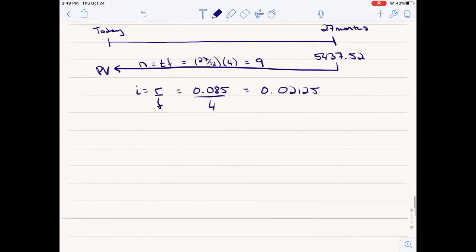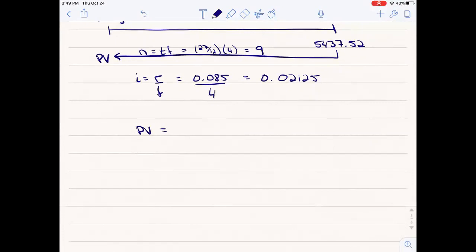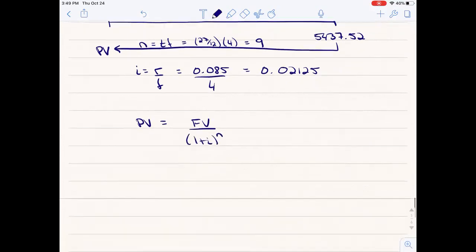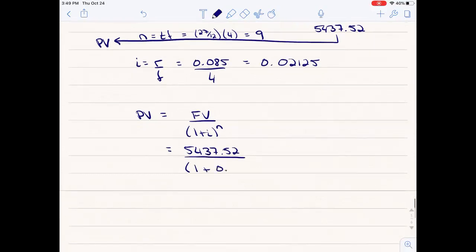So now we can do our calculation, and we know, because we just showed it, but also from our formula sheet, that the present value is the future value over 1 plus I to the power of N. The future value is 5,437.52 divided by 1 plus I, which is 0.02125, to the power of N, which is 9.